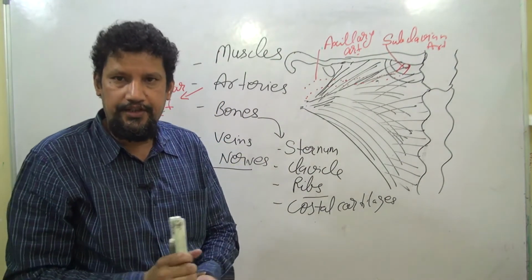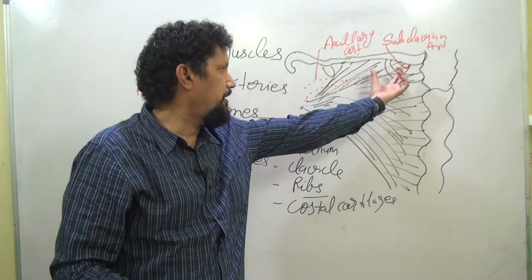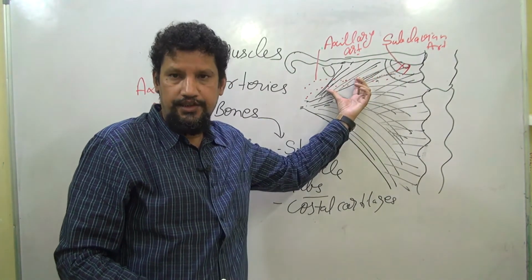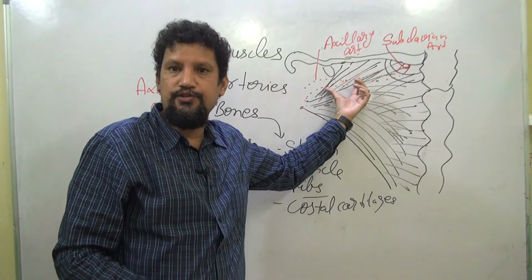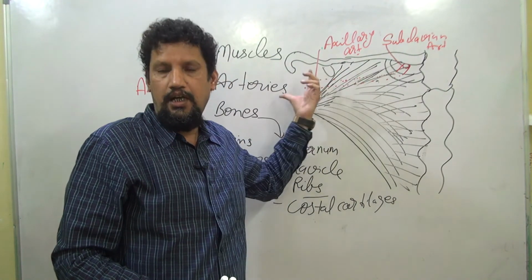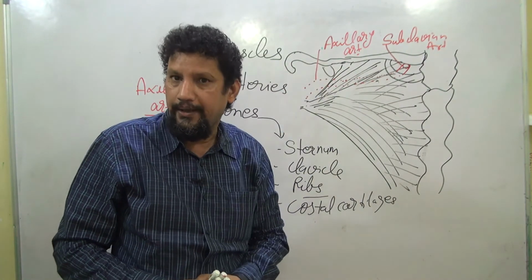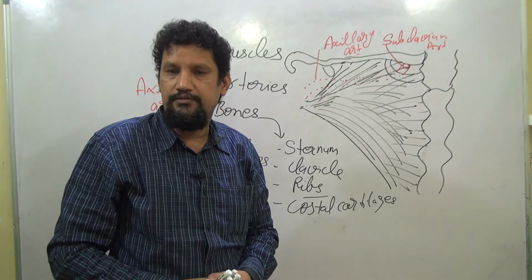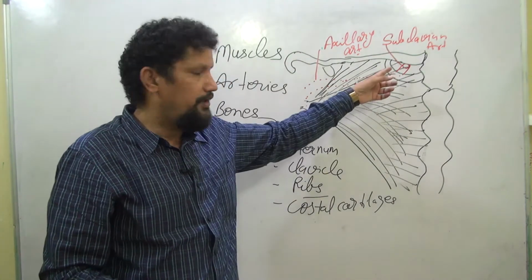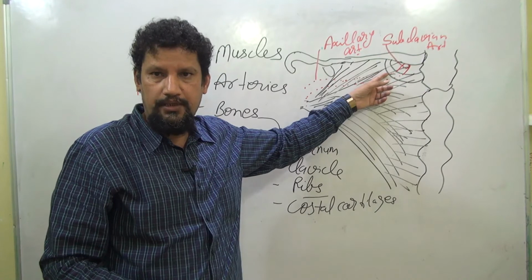The artery is divided into three parts. The first part, then the second part, which is deeper to the pectoralis minor muscle, and the third part, which is lateral and inferior to the pectoralis minor muscle. The first part has one branch.